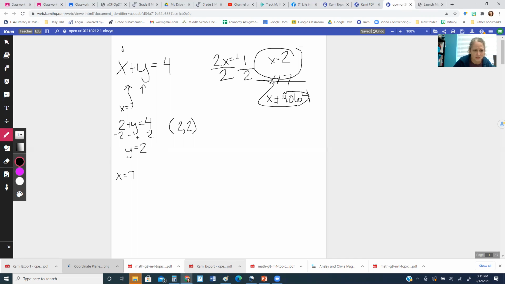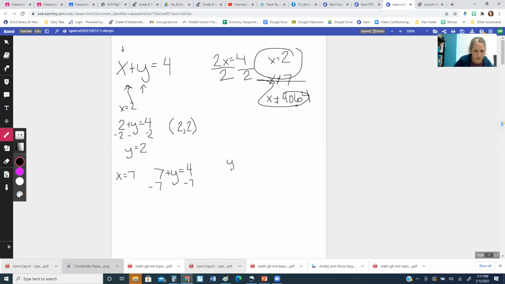So instead of x plus y equals 4, I now have 7 plus y equals 4. Why? Because x is 7. We said so. So if x is 7, then what does y equal? Well, can we solve for y? Yes, we can. So I'm going to subtract 7 from both sides. Remember, I've got to do it on both sides.